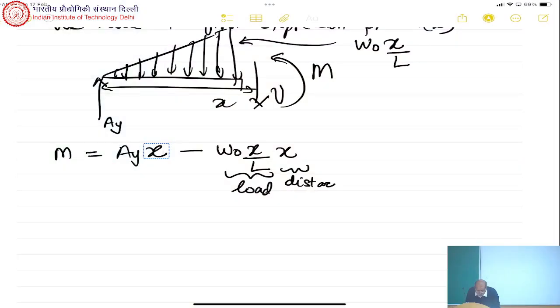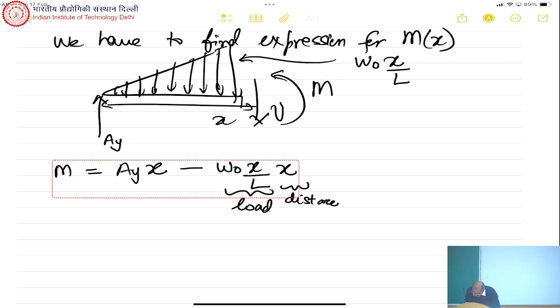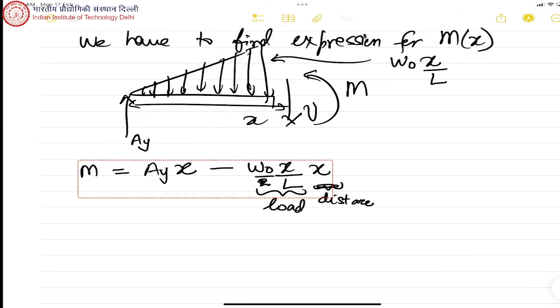Let's just work it out. So the force will be minus W0 x by L times x. So this is the load. Sorry, one minute, let me write this again.